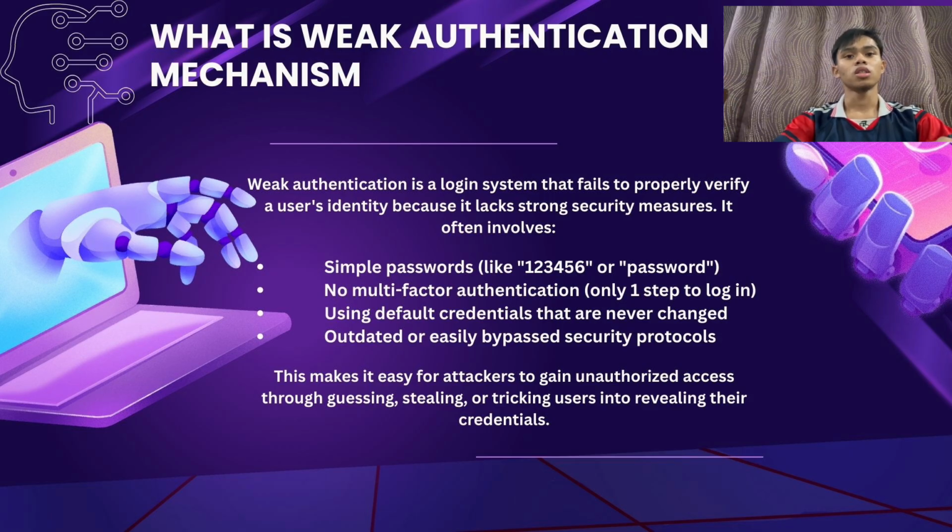Fourth, system misconfiguration, like unchanged default passwords or disabled security features. And the last, unencrypted credential transmission, which allows interception over the network. These vulnerabilities are often worsened by human factors, such as password reuse across platforms.